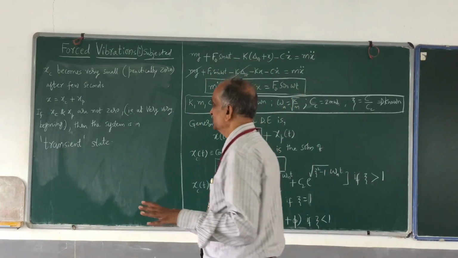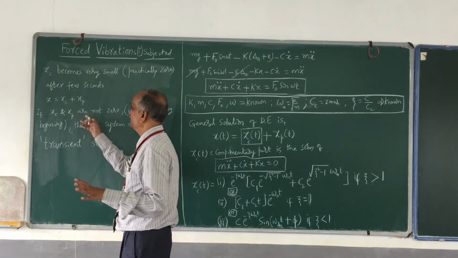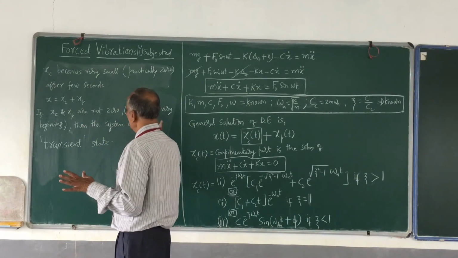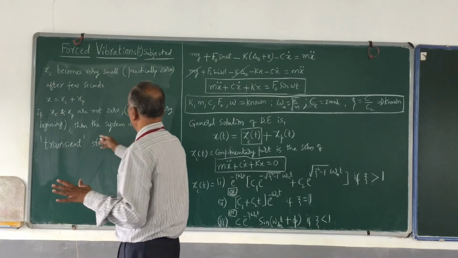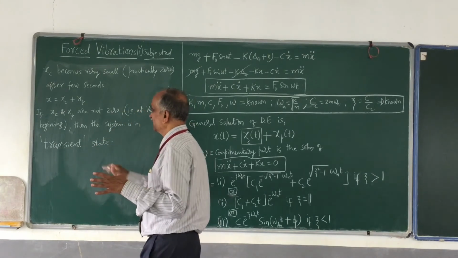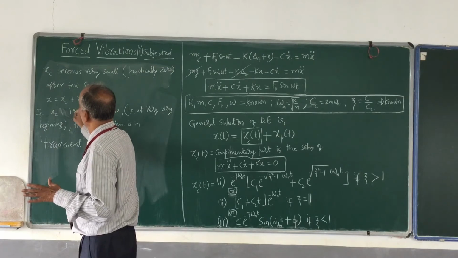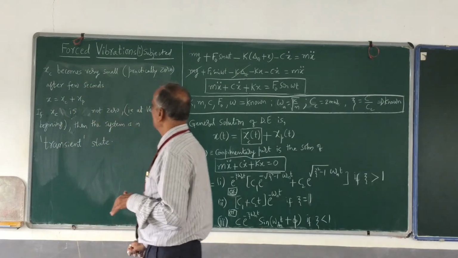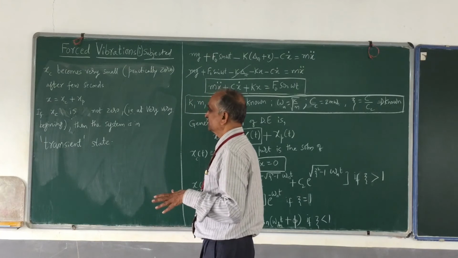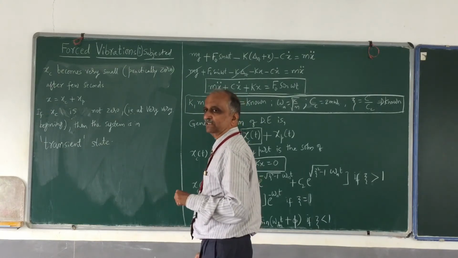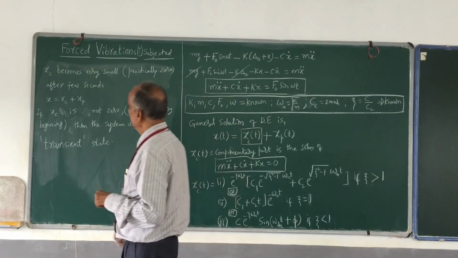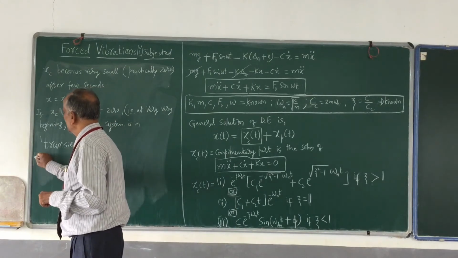If xc is not 0, then the system is said to be in a transient state.